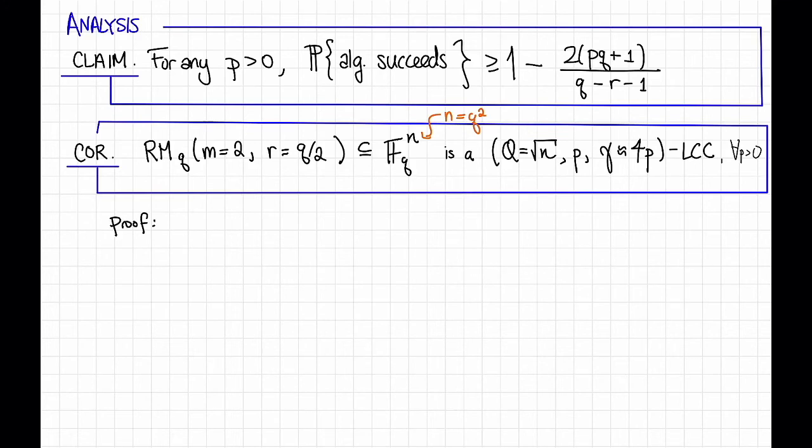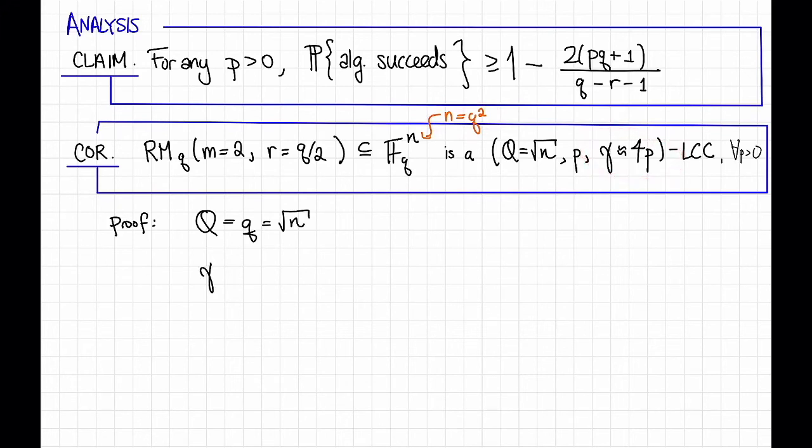Let's quickly see why this corollary is true. Proof. Okay, so the query complexity, that's just the number of points on a line, because in the previous algorithm we queried just a line. And that's little q, the size of the field. Since the block length n is equal to q squared, this is the square root of n as claimed. How about this failure probability?